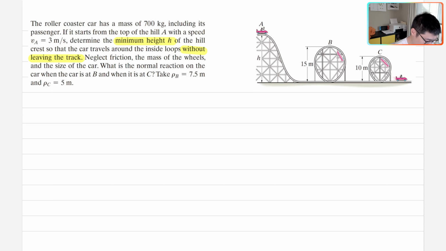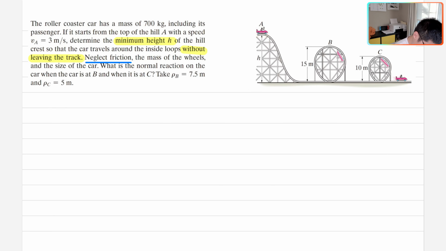Of course, for safety reasons, we will be neglecting friction. The mass of the wheels and size of the car will be neglected, which essentially means this car can be treated as a particle.